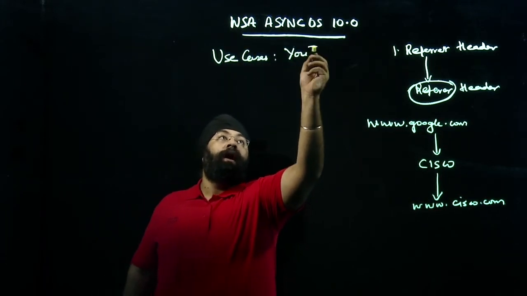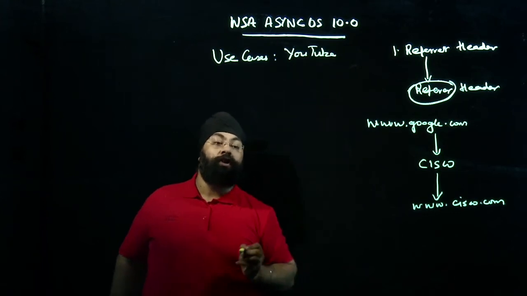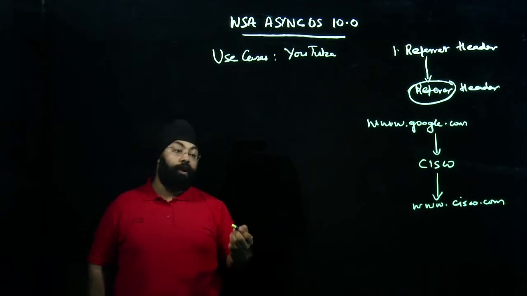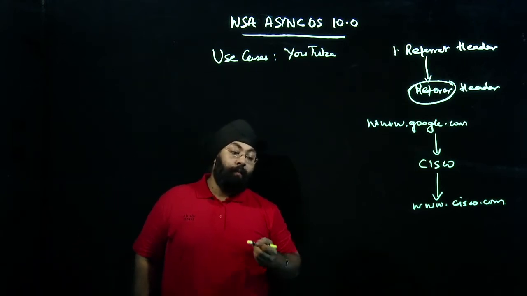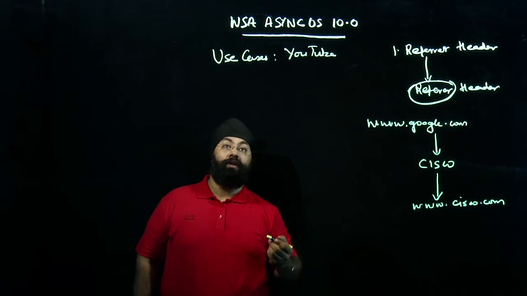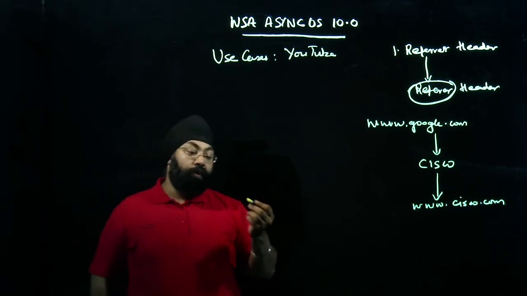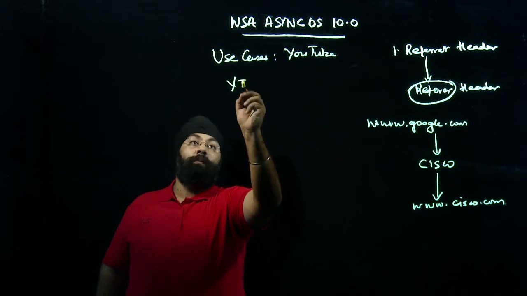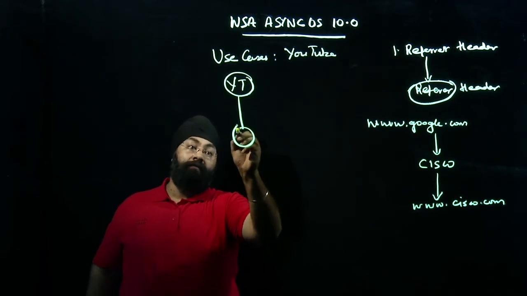Okay, so now let's talk about one of the use cases which we use pretty often, that is YouTube. I think most of us within our organization use YouTube a lot, especially the high definition videos. We find it pretty exciting, but again, it's choking the bandwidth. So one of the use cases for most customers is that they want to block YouTube by default.